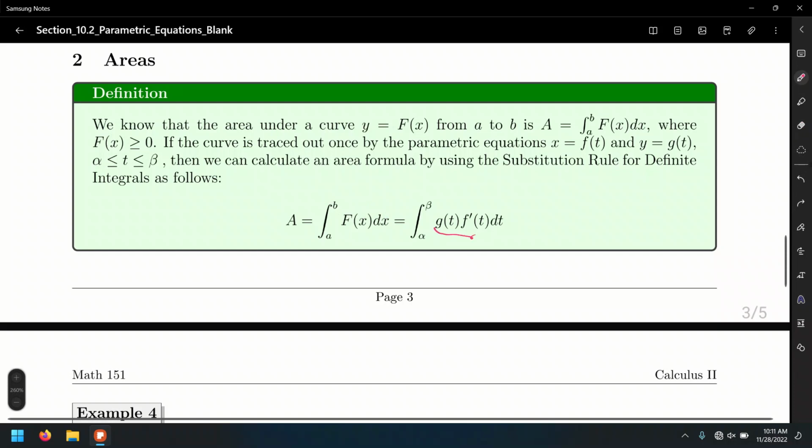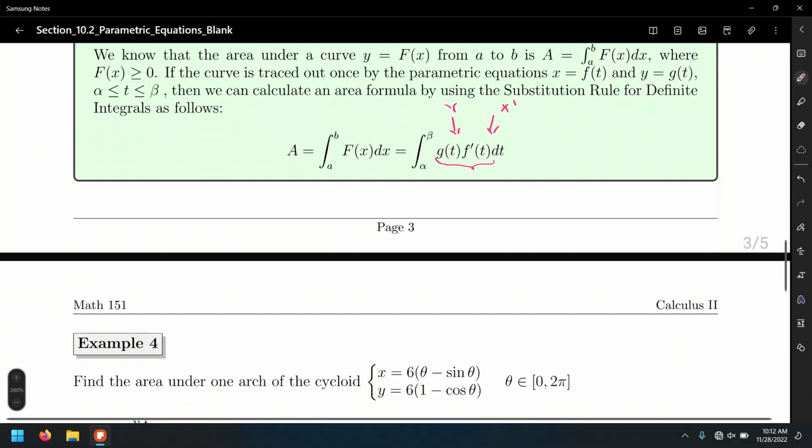However, when we have parametric equations, this is the y function, and this is the x prime function. So all we have to do is take the derivative of the x function and multiply it with the y function, and everything with respect to t. The example that I have here is in terms of theta, but it's still the same.